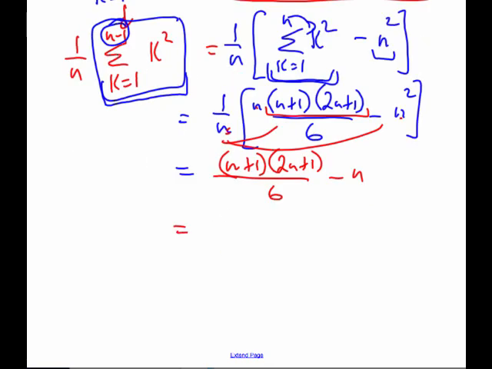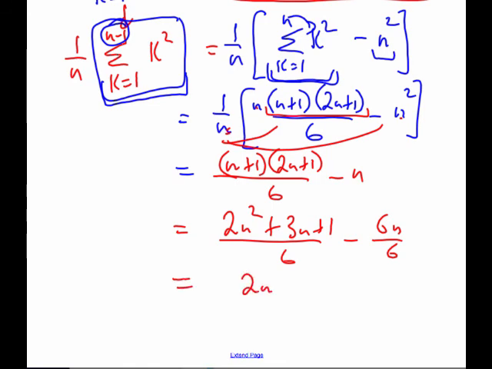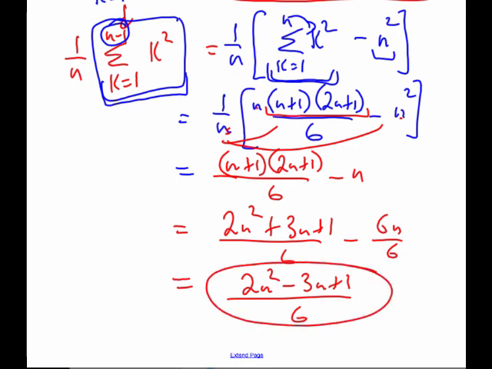And we could simplify that, 2n squared plus 3n plus 1 over 6 minus 6n over 6, which reduces to 2n squared minus 3n plus 1 all over 6. And there is my simplified form in closed form.